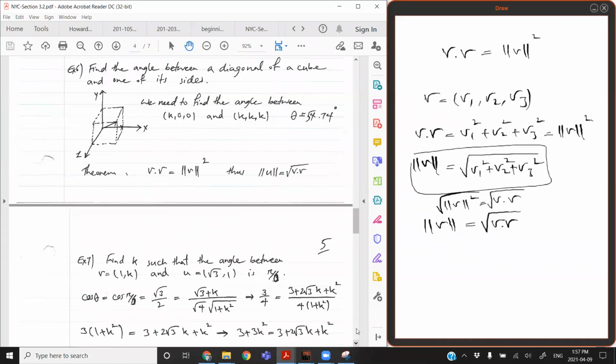So whenever you see norm of u in the problems, you can replace that with square root of u dot u. Or if you see norm of u squared, you can replace that with u dot u. And it will help with the calculations because of the properties that we're going to learn about next.